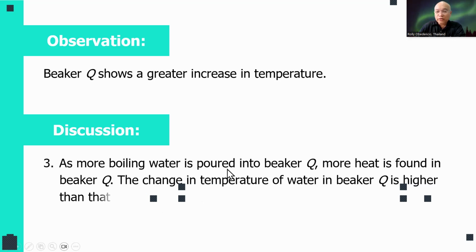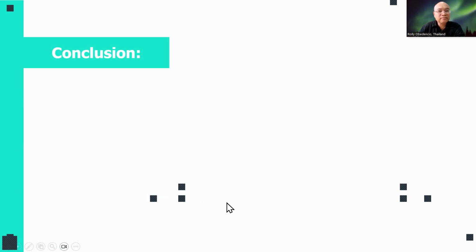As more boiling water is poured into beaker Q, more heat is found in beaker Q. The change in temperature of water in beaker Q is higher than that in beaker P.